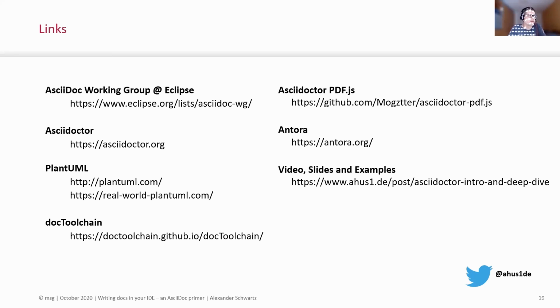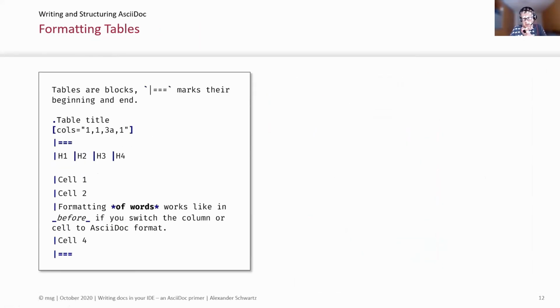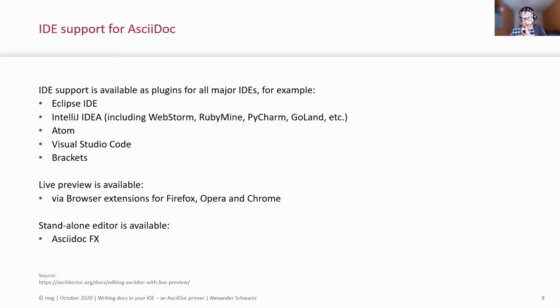So what is that browser plugin called? Do you have a URL? Right. Yeah, there's a URL called editing AsciiDoc with live preview. There's a URL that's given in the notes; if you go to this site, you will find a list with all the things that are here.